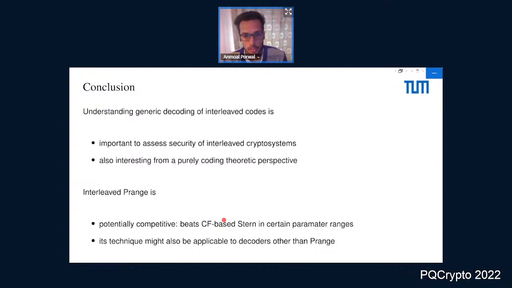And interleaved Prange is potentially competitive. At least it beats CF-based Prange in certain parameter ranges asymptotically. And for future work, this technique of checking the rank might be possible to apply to other decoders like Lee-Brickell or Stern, in which case we might get something that is better than interleaved Prange. Yeah, so that concludes my talk.